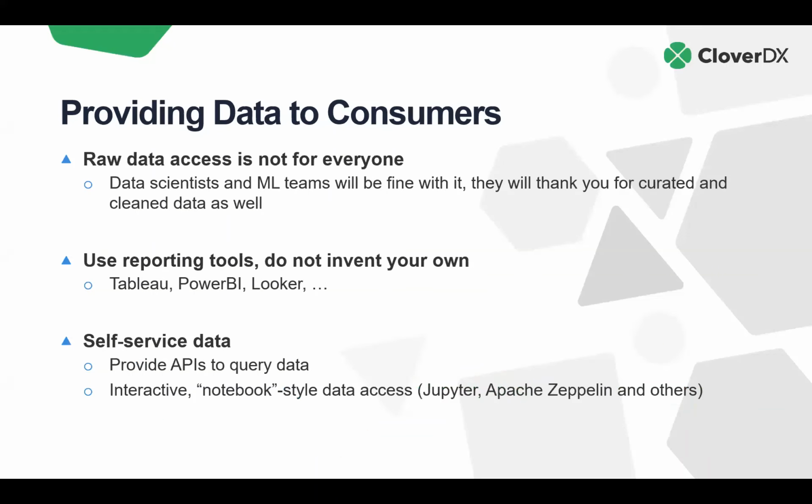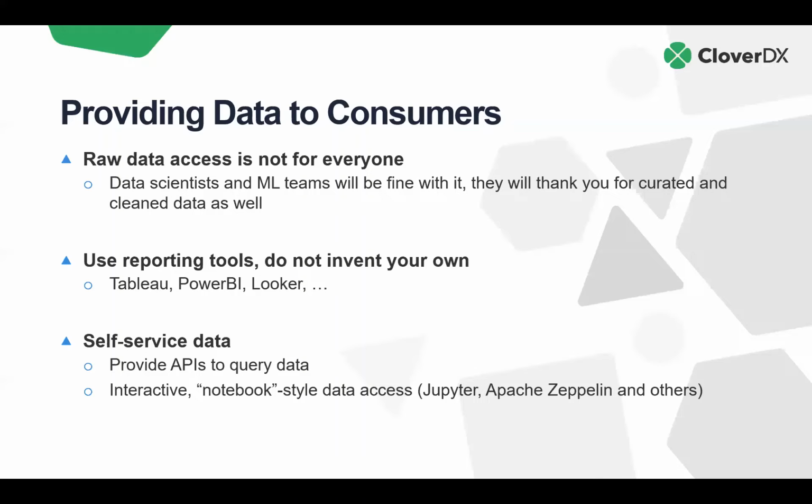And finally, the last step is kind of thinking about how you want to provide your data to consumers. This is again something where we now have a lot more options compared to even 10 years ago. Oftentimes, as I mentioned, some users will want raw data, but this is not for everyone. Right? Not everyone wants to dig through some sort of Hadoop file store, searching among the hundreds of thousands of files, or looking into some petabyte data set for what they need.